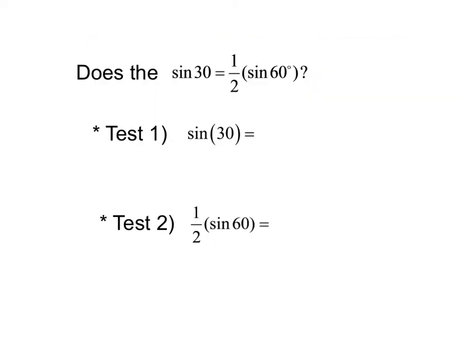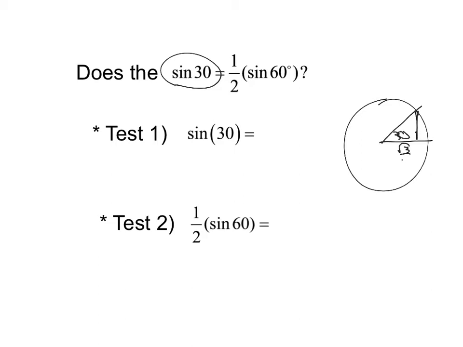So the question we're asking is, does the sine of 30 equal half the sine of 60? Consider your unit circle: the sine of 30 is going to be 1/2. The sine of 60, though, is going to be square root of 3 over 2.